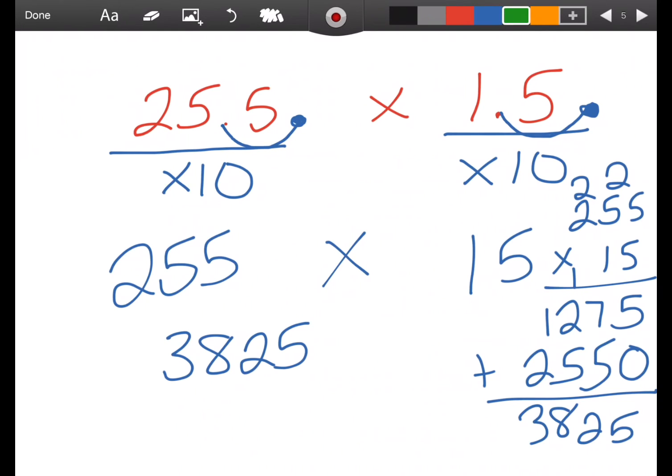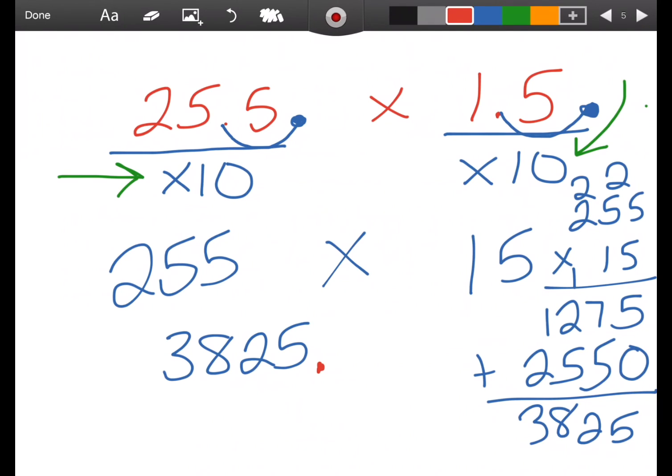So let's go back and look at what I did. Remember, I multiplied this number by 10, but I also multiplied this number by 10. Since I multiplied by 10 twice, that is the same as multiplying my answer by 100. So I'm going to go back and make up for that by dividing by 100.